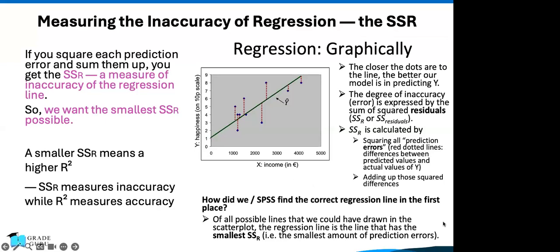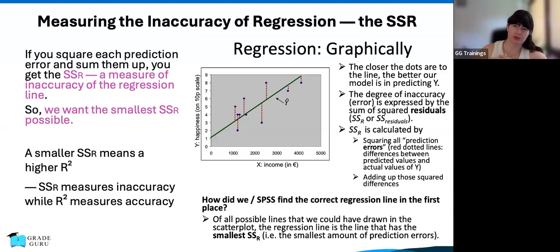I just have one question. So the SSR is the measure of inaccuracy, but you said something about it's the sum of the differences? It's the sum of squared residuals. So if you look on the right-hand side with all this ugly text in there, it says the sum of squared residuals.